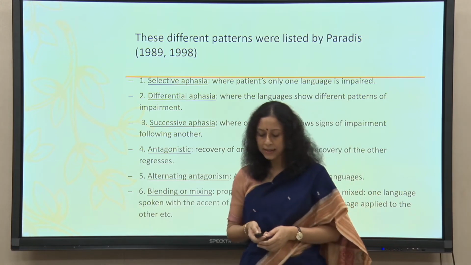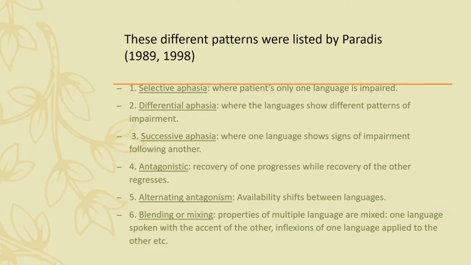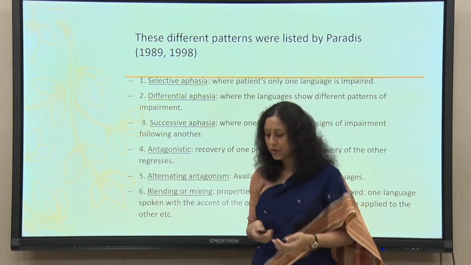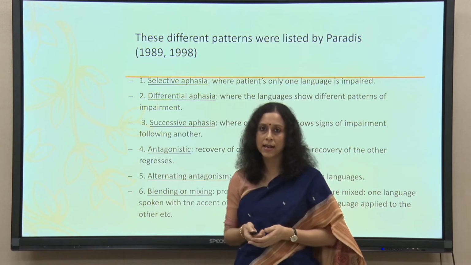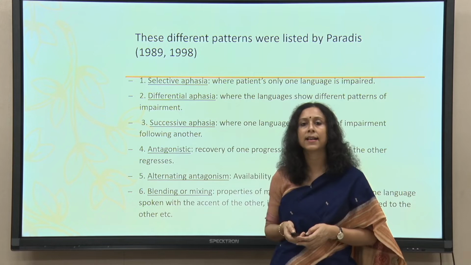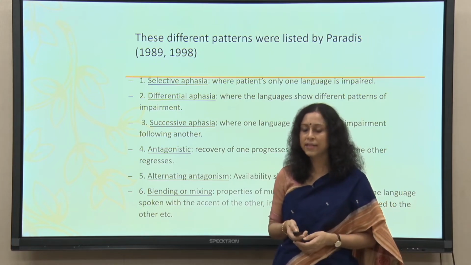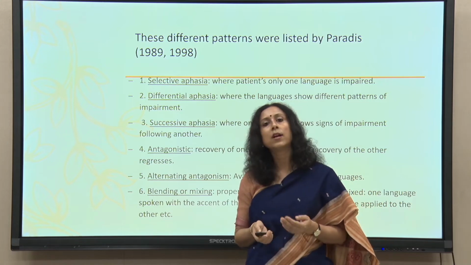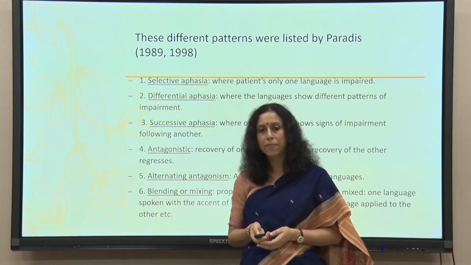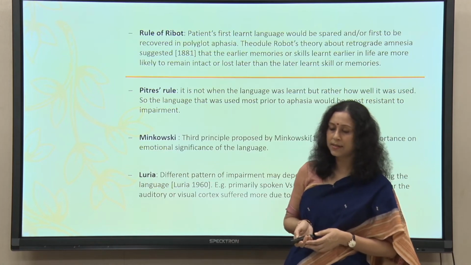And then the sixth type that he lists is blending or mixing. This is a strange case where properties of multiple languages are mixed. One thing from one language gets attached to another property of another language. So, one language is spoken with the accent of another, let us say English spoken with a French accent, or the inflection of one language getting merged with the root of another language, and so on. So, these are the 6 types.